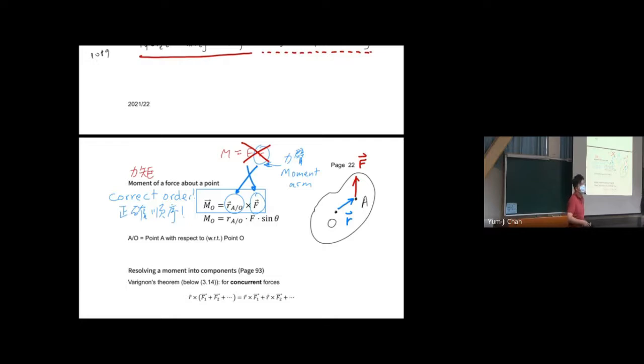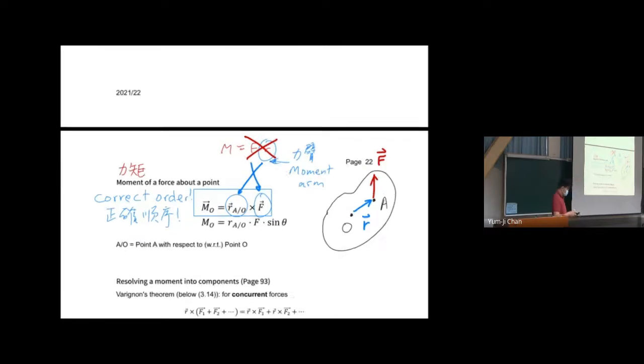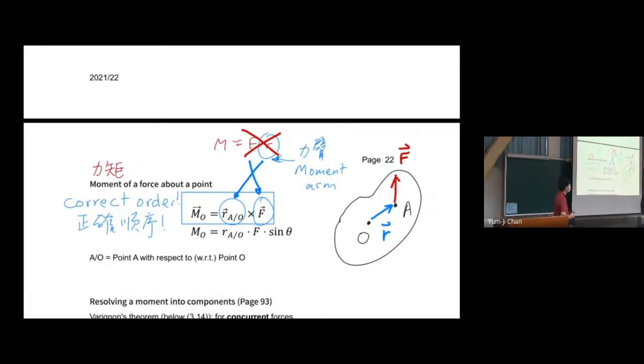For getting the moments right in the right direction, we need to have R and F in the correct order. So R first and then F, R cross F.